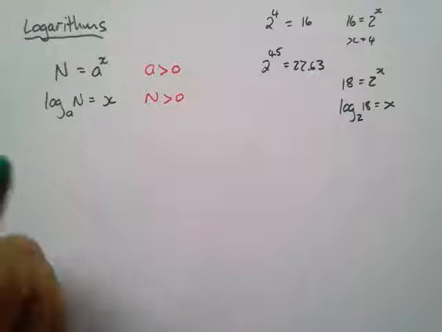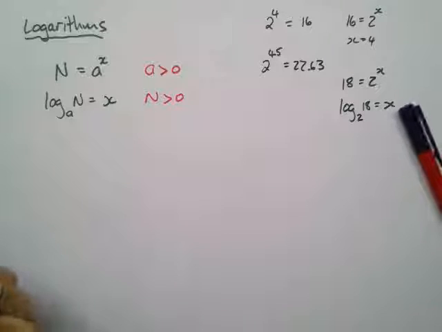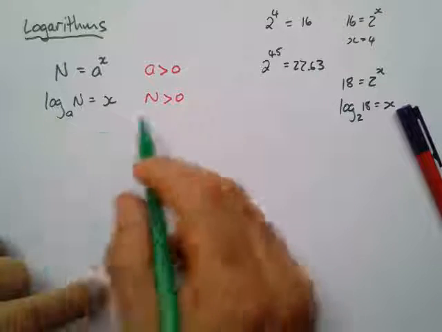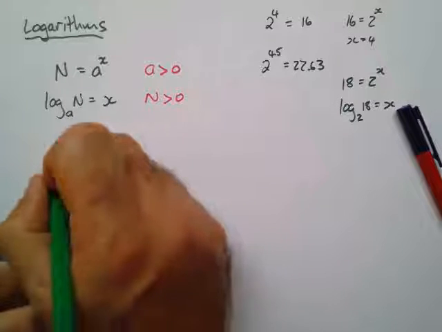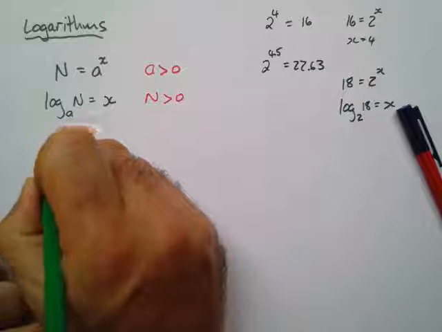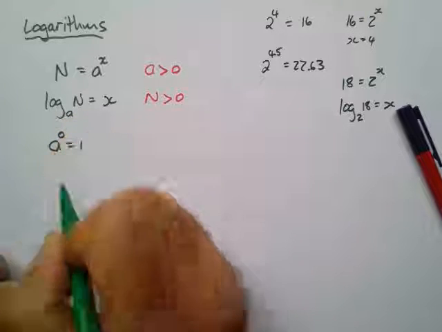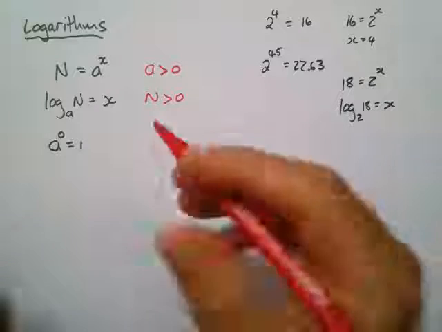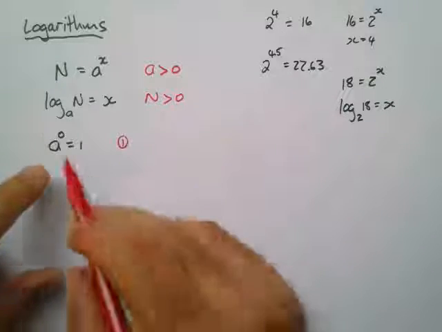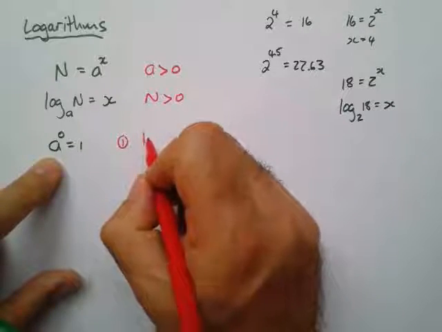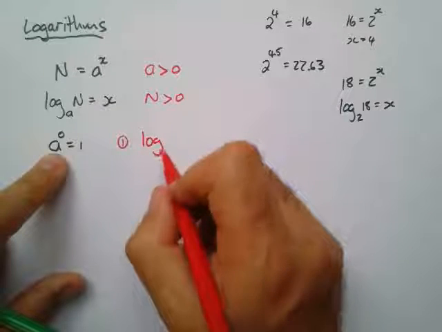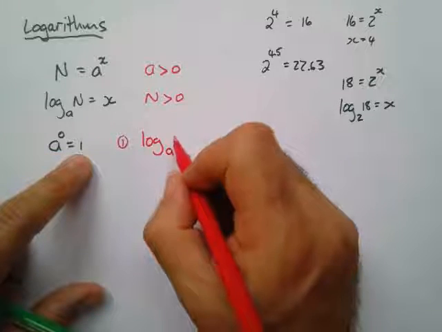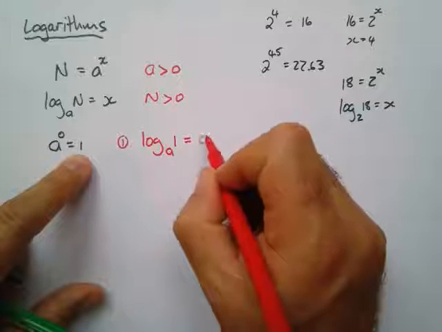From this, there are three more statements that we'll have to know, and I'm going to take them from these rules. The first thing is that we know a to the power 0 is 1. If I write this in log form, log base a of 1 equals 0.